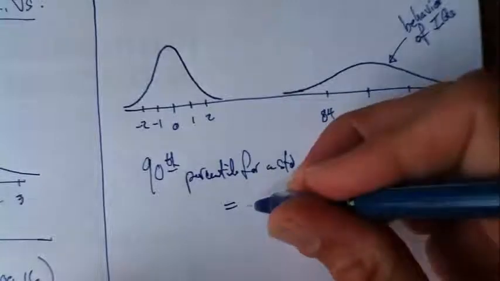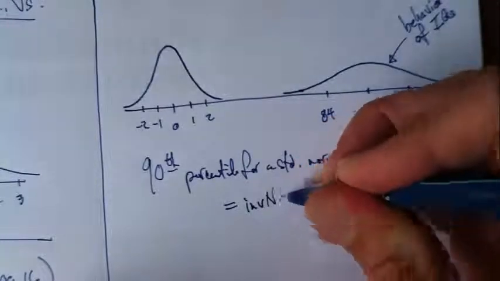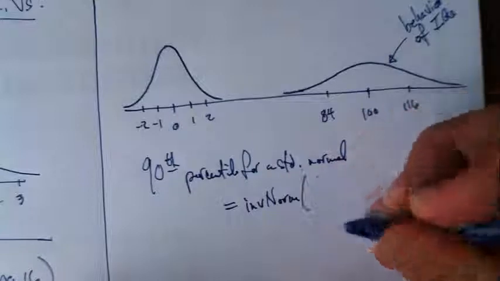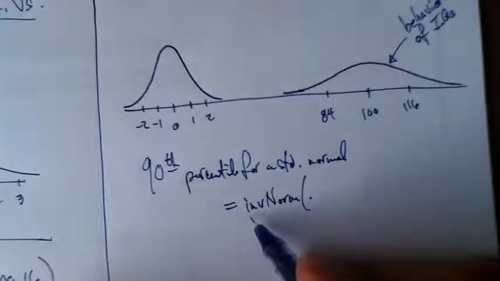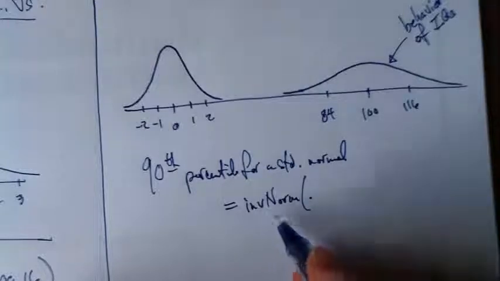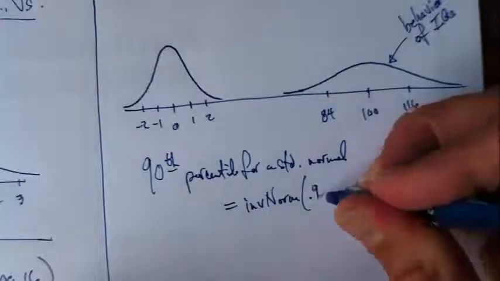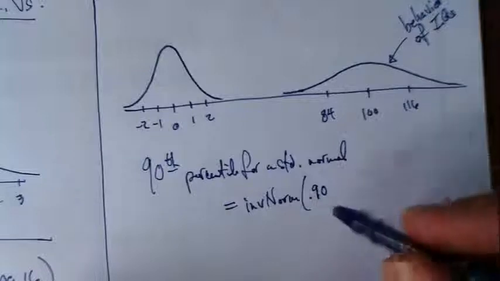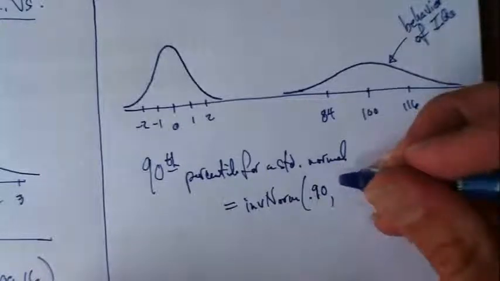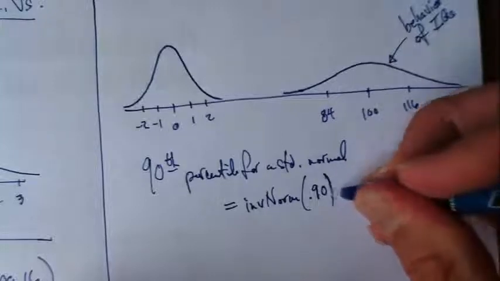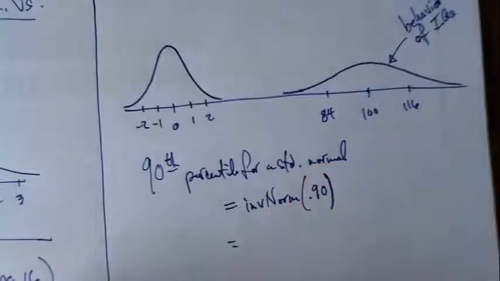Or I can use my calculator and do INV norm. Because I'm actually going backwards, I want the inverse normal, INV norm of 90%. The calculator is finding the 90th percentile for a standard normal. Let me show you where that is in your calculator.